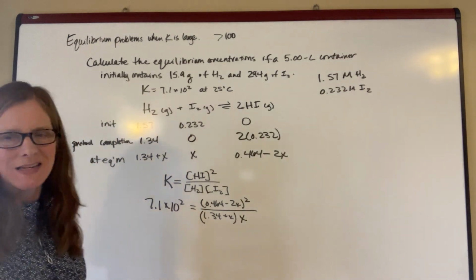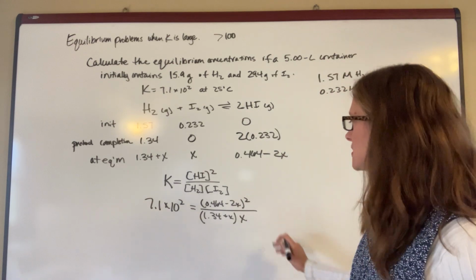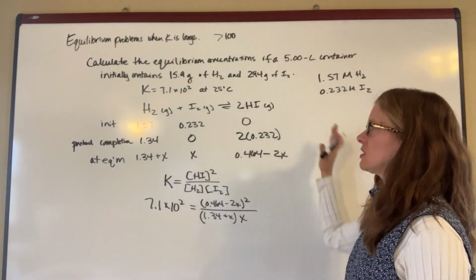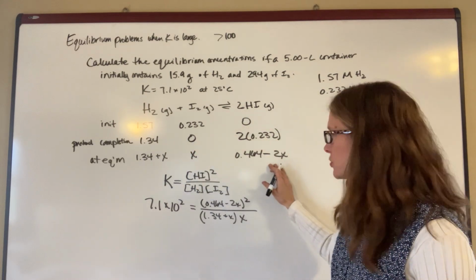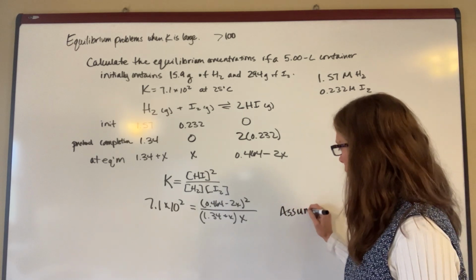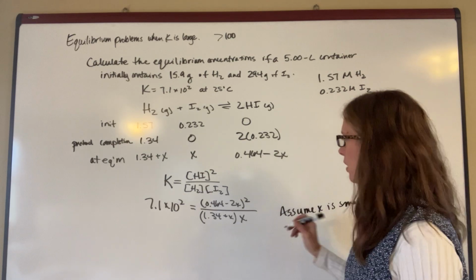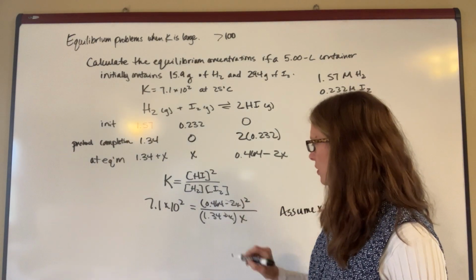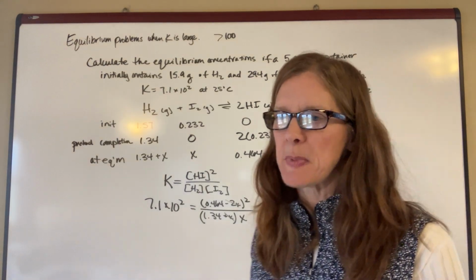Again, nasty, nasty, nasty looking, but I'm going to assume x is small. And because I've already said this is going to go to completion and just going to bounce back a little bit, it should be small. So I'm going to assume x is small and go ahead and not worry about these small changes. So I'm going to ignore this piece. I'm going to ignore this piece. And then I don't have anything that's nearly as bad to work.